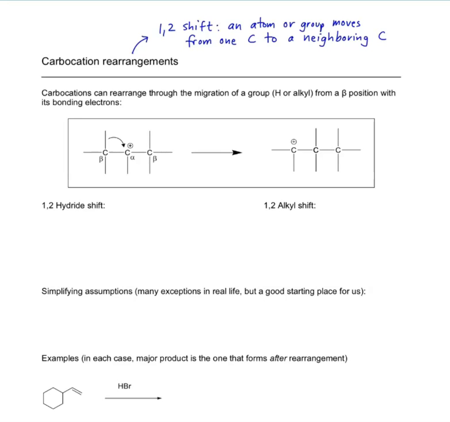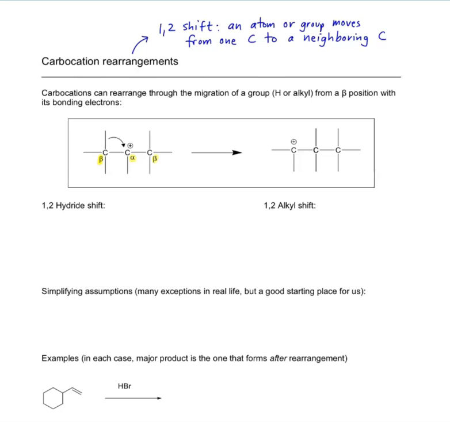Okay, let's look at the overview of carbocation rearrangements so that we know how to draw the mechanism and where to look for these, and then we'll start looking at some examples. So remember that the carbon that has the positive charge is the alpha carbon. One bond away, those are called beta carbons.